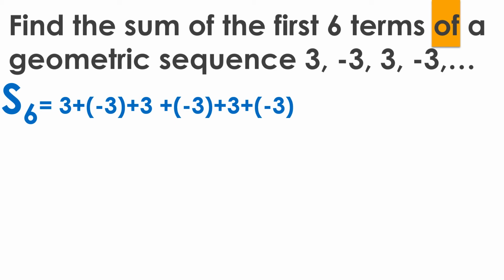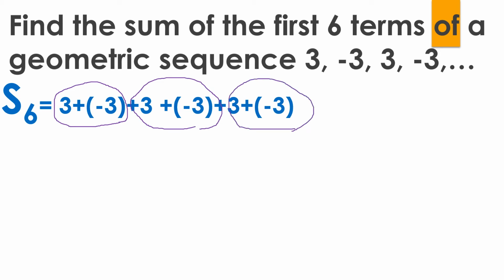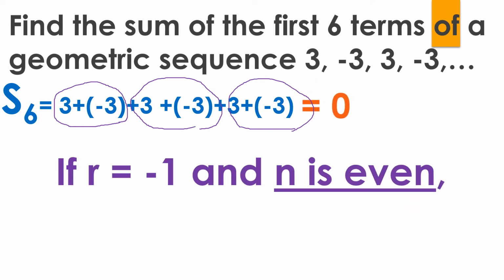As you can see, these numbers are in pair and will give us a sum which is equal to 0. Therefore, if r is equal to negative 1 and n is even, like what we have here in this example, S sub n will always be equal to 0.